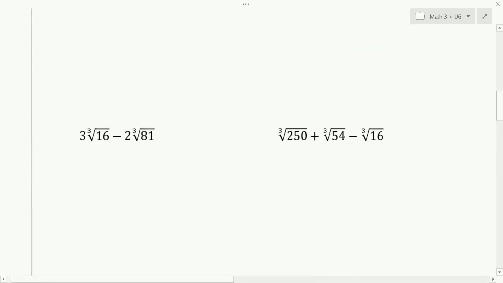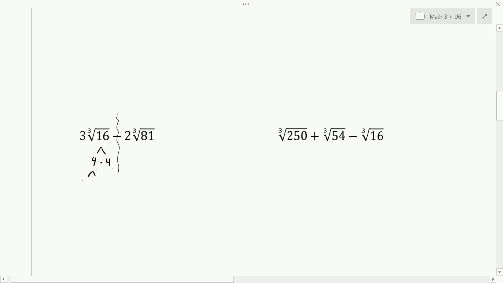On this fourth example, the cube root of 16 and cube root of 81 don't match up, right? So can we subtract them? No. But could we simplify anything? Probably. So let's try to break down the 16 and the 81. For right now, we're just treating them like two separate problems. On the left-hand side, the 16 breaks down to 4 times 4.